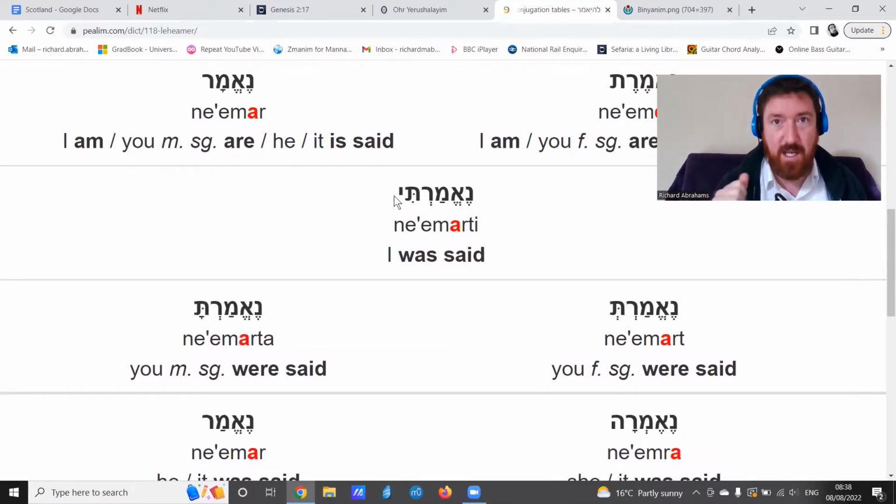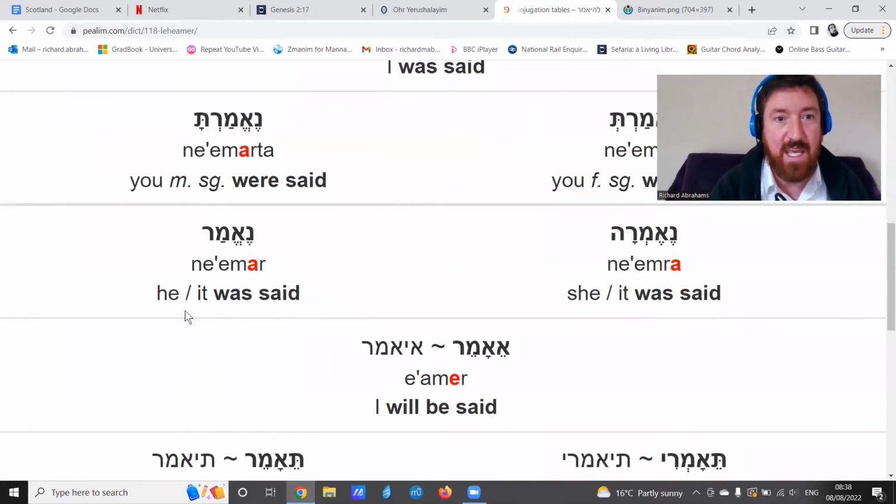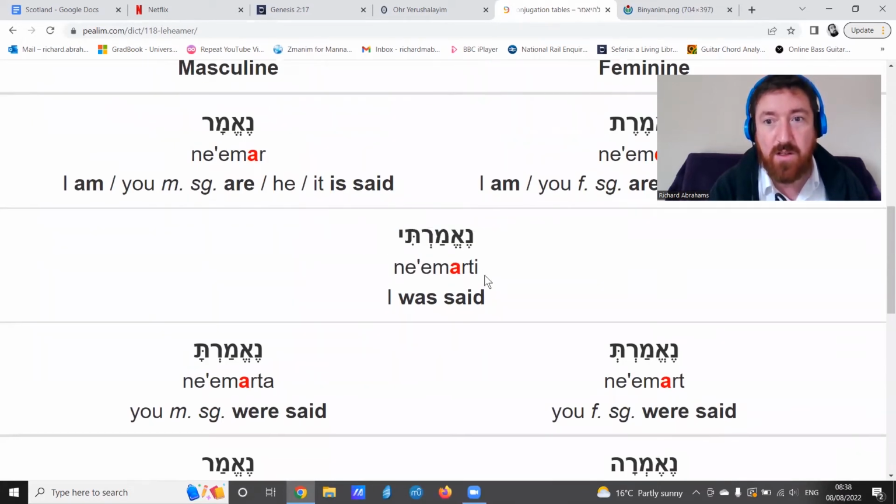The first stage is, depending on the branch, you get the vowels and you get the start point. The start point is always the he did it in the past tense. Then you add letters on to tell you which one's which. So, just to complete this, let's look at a different branch. Well, the you masculine is ata, and the you feminine is at. So, ata ne'emarta, at ne'emart.